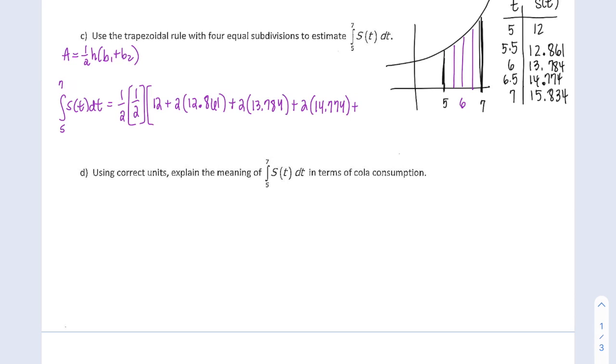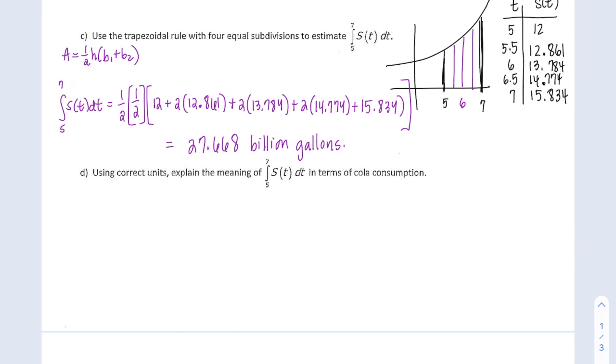And then finally, there's one base at 7. So take all of that, multiply it together, and we get approximately 27.668 billion gallons. The exact value, if you did it on your calculator, is 27.657.